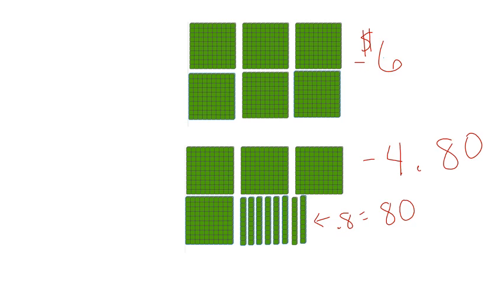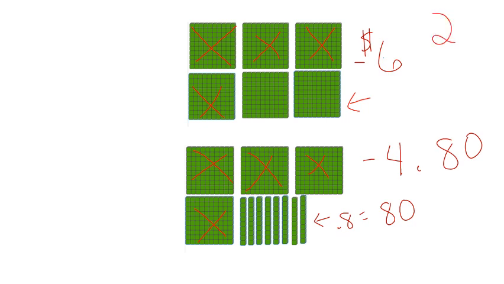So I'm going to take my base 10 blocks and I'm going to cross out them as I go. So 1, 1, 1. And I'm left with 2 wholes and 80 hundredths. So I'm going to have to do a little subtraction here.